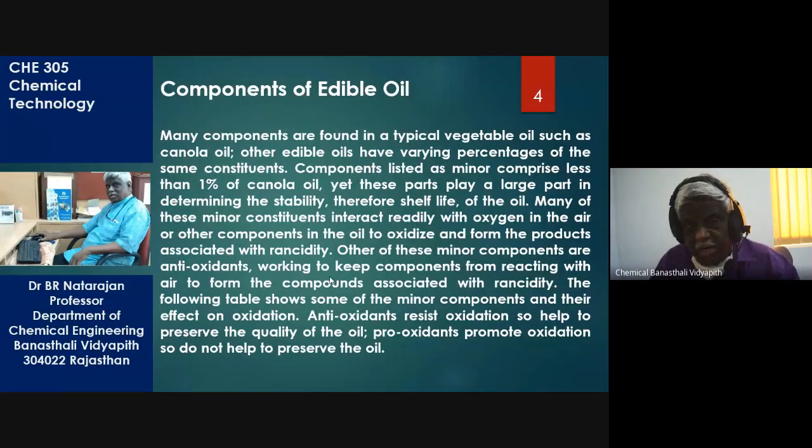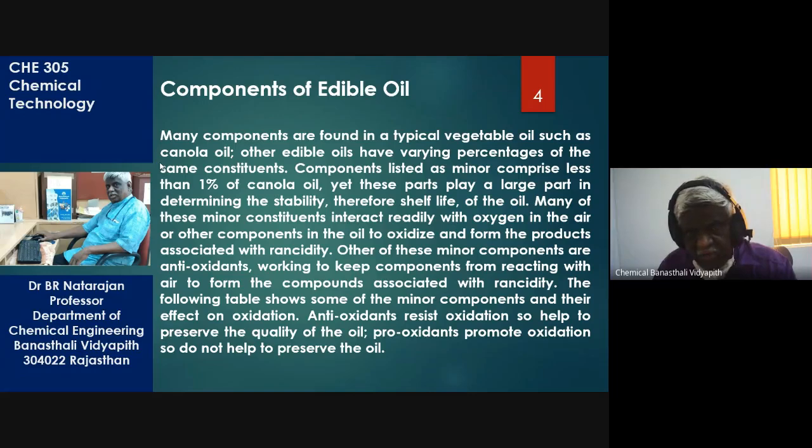What are the components of edible oil? Many components are found in typical vegetable oils such as canola oil. Canola oil is something similar to our mustard oil. It has got the name canola because it was made in large quantities in Canada. So this oil is called canola oil.